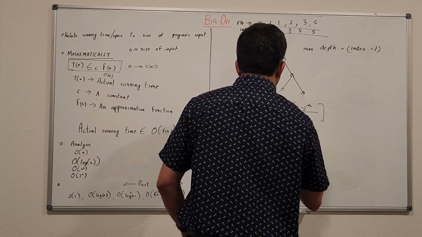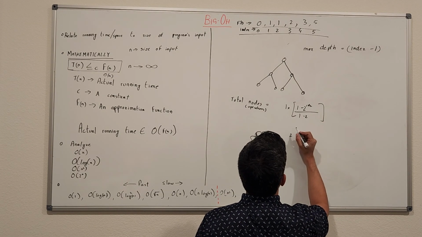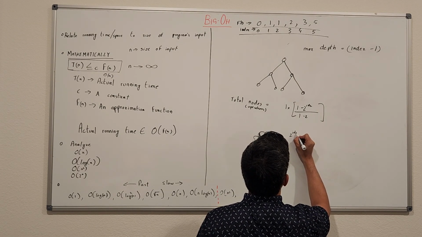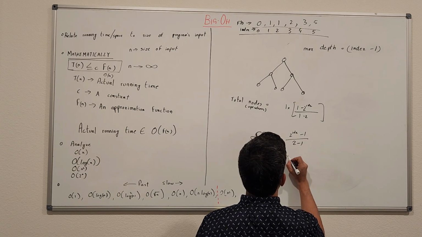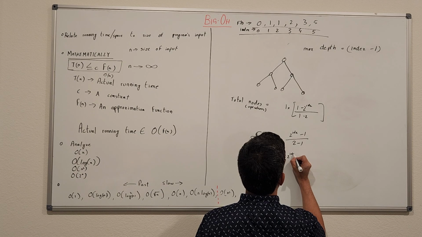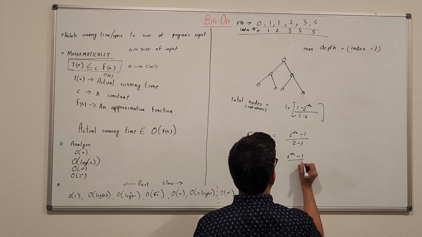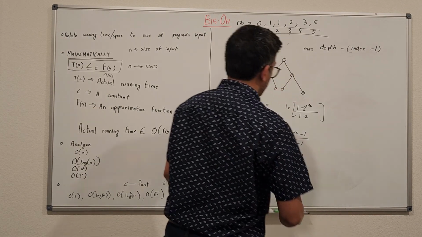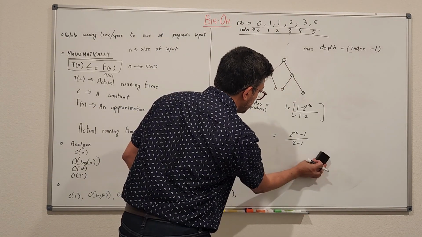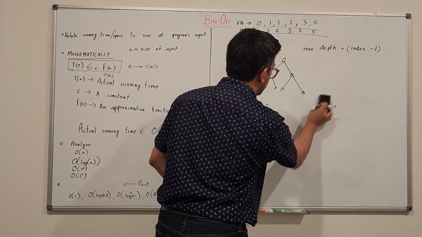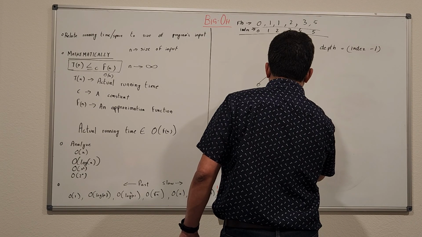So my total number of operations is 2 raised to index minus 1 over 2 minus 1, which is 2 raised to index minus 1 over 1. As an approximation, this is equal to 2 raised to the index.